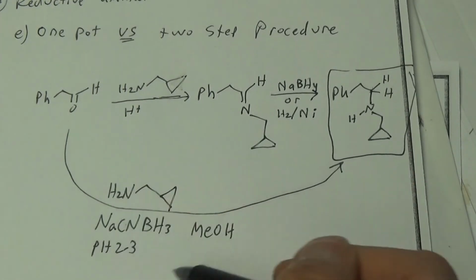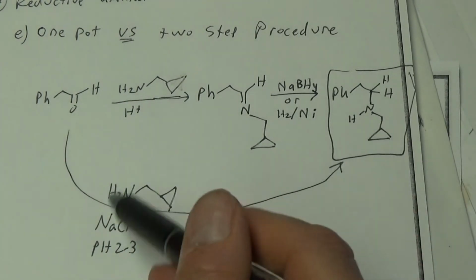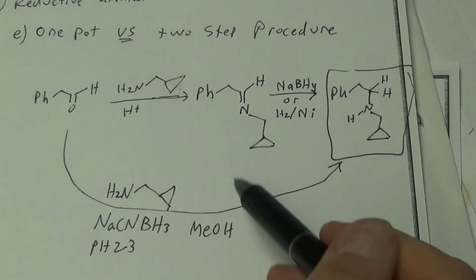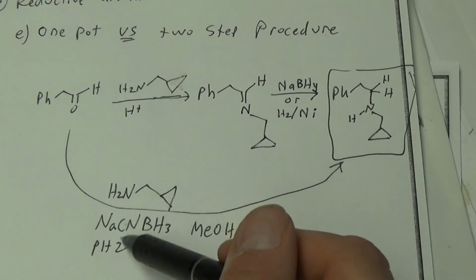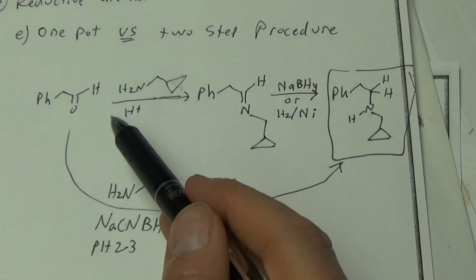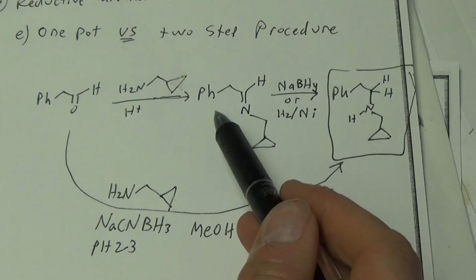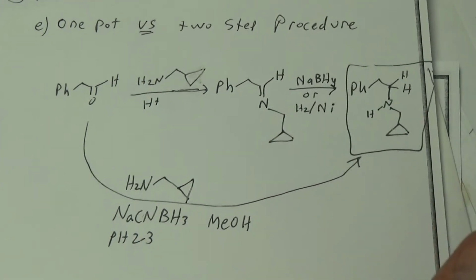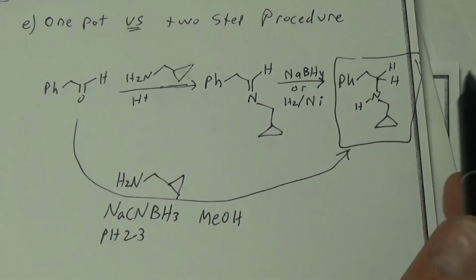Procedurally, this is pretty cool. We just mix everything up and out comes the product. That's why this is a cool alternate reaction, and this is what we were highlighting the whole time in this section. But I'm just pointing out that you can also make the imine, sometimes even purify and isolate it, and then do some kind of reduction step. Two-step method or one-step method, you get to the same product.